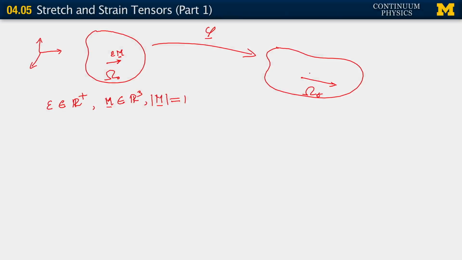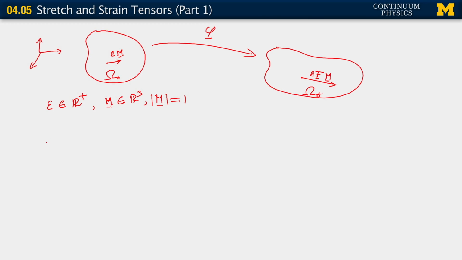Now we're going to look at what happens with this material vector. We know what happens with it under the deformation gradient. It is mapped to a vector that we will denote here as epsilon F acting on m. So we know how this works. What we need to do now is understand more about this.